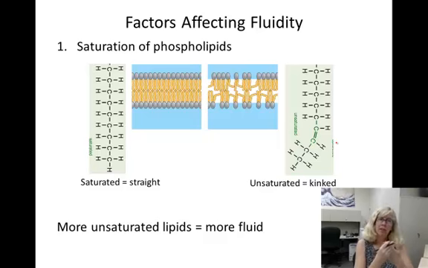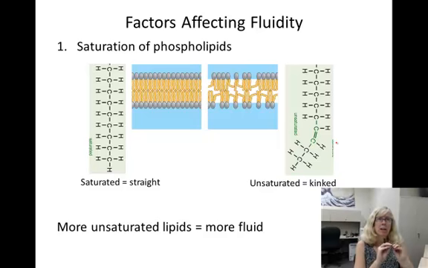So there's three factors that we're going to talk about in this class that determine membrane fluidity, or how easily things move around within the membrane. And the first is the level of saturated phospholipids and unsaturated phospholipids. Saturation refers to the chemical structure of the phospholipid tail, specifically how many hydrogens are bound to the carbons in the tail.